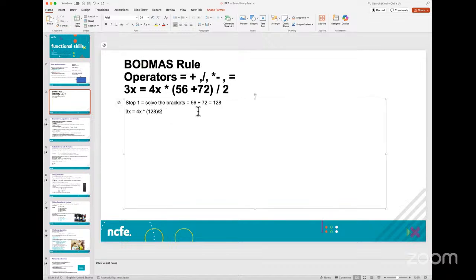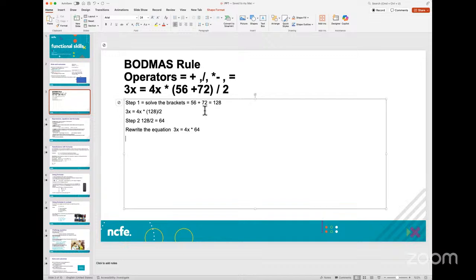So in step 2, I have to divide 128 by 2, and that would be 64. If I rewrite the equation now, it would be 3x equal to 4x multiplied by 64.